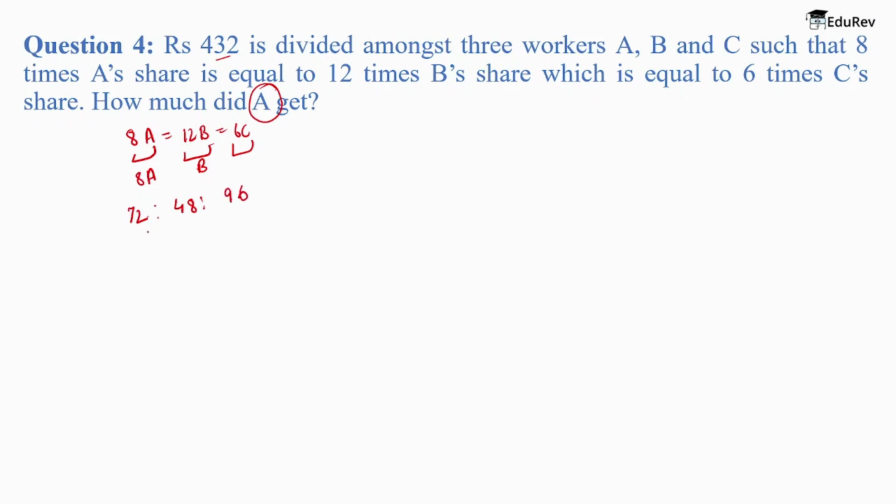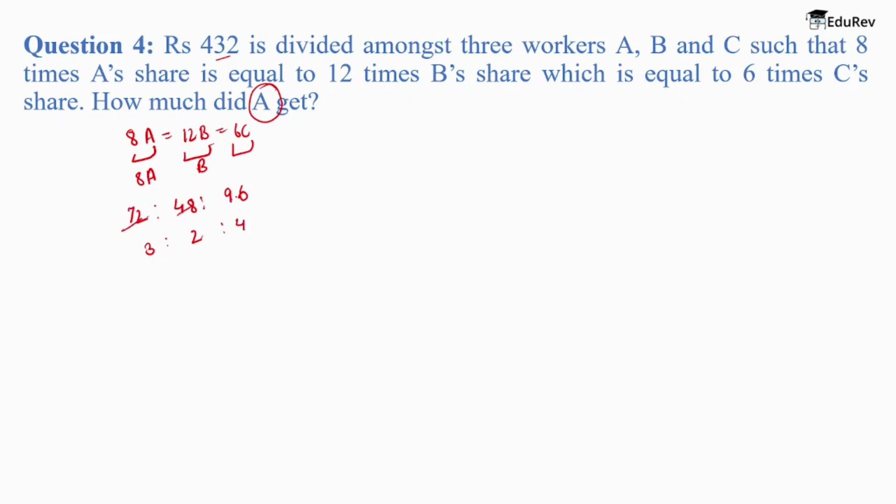So the ratio we have is 72 is to 48 is to 96. Now we will simplify it. If we do it by 2, or you can directly do it by 24. So by simplifying by 24, you will get 3, 2, and 4.